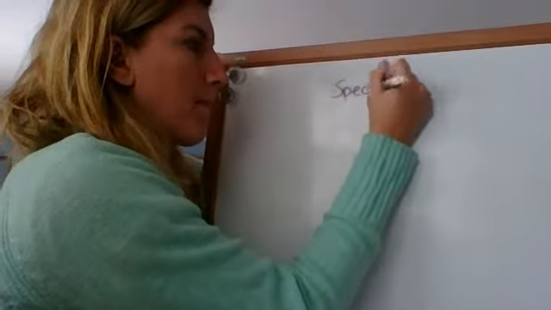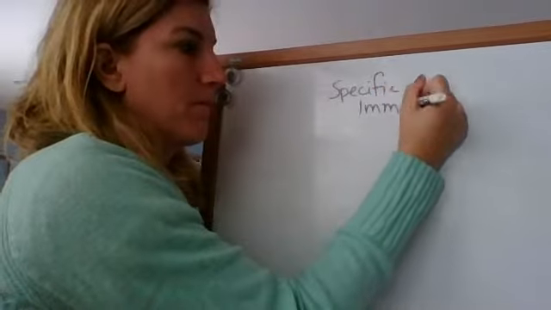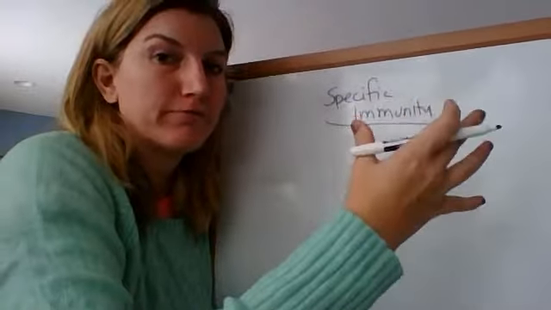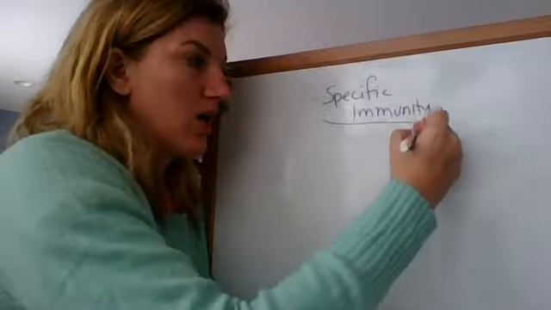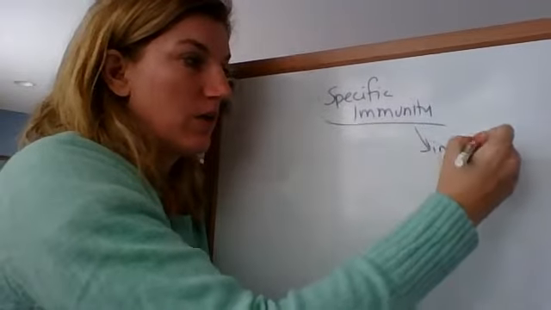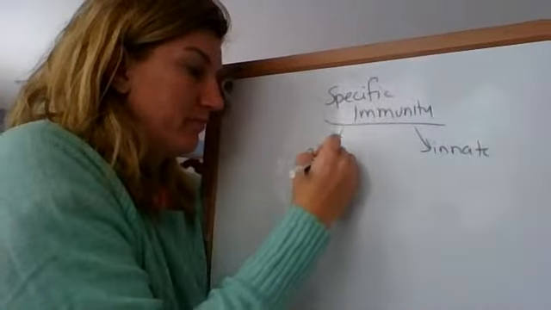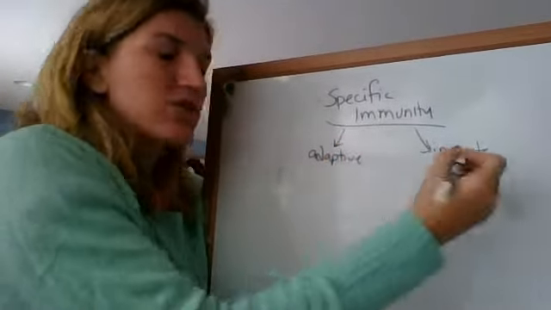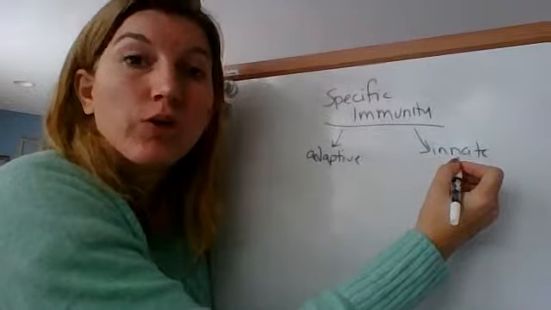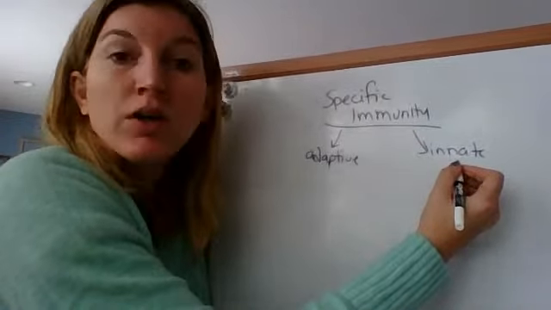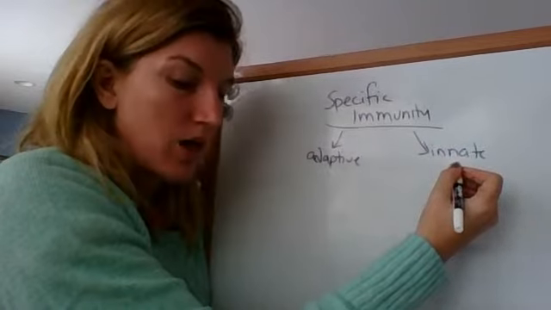we really have two forms of defense, I guess you would say. We have innate, and we have adaptive. So this innate immunity is something that you're born with, something that can't be taken away from you unless you have some type of immunodeficiency disorder.